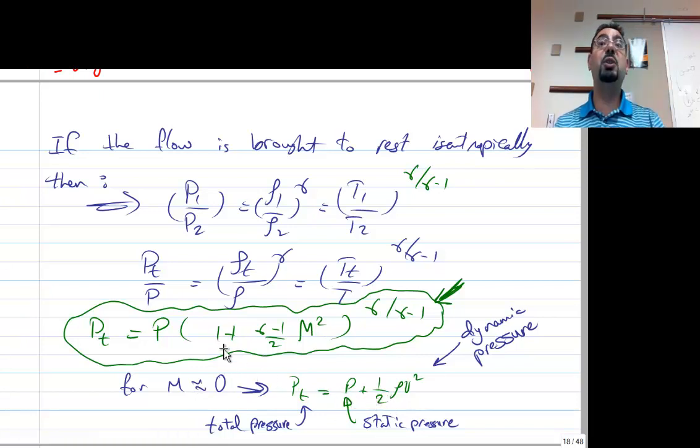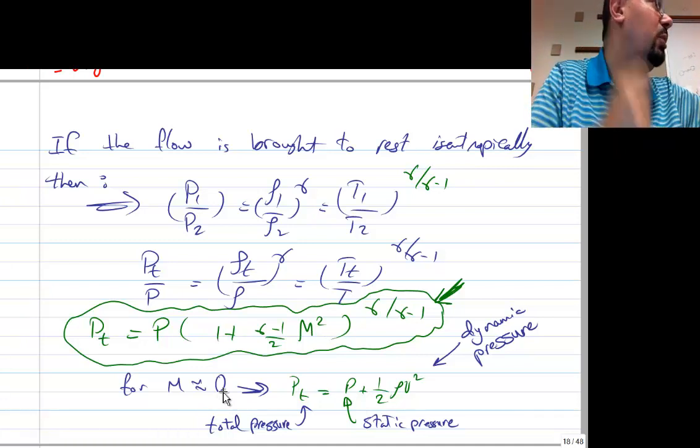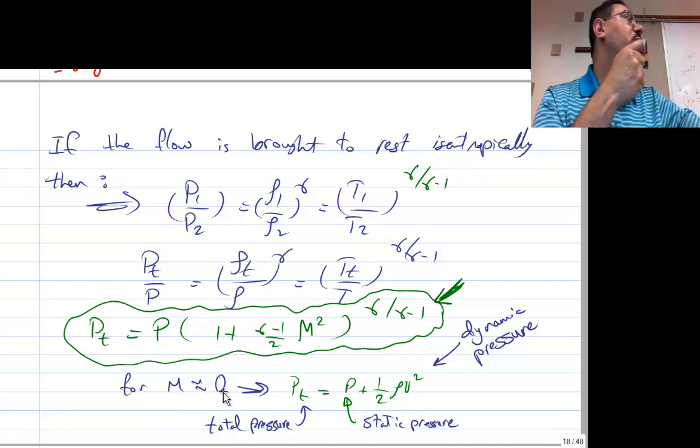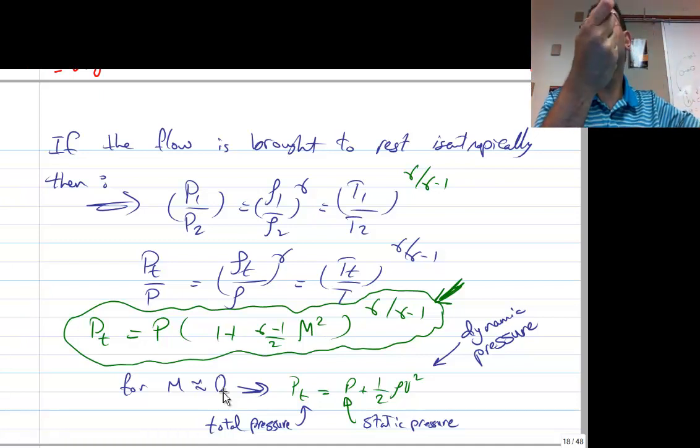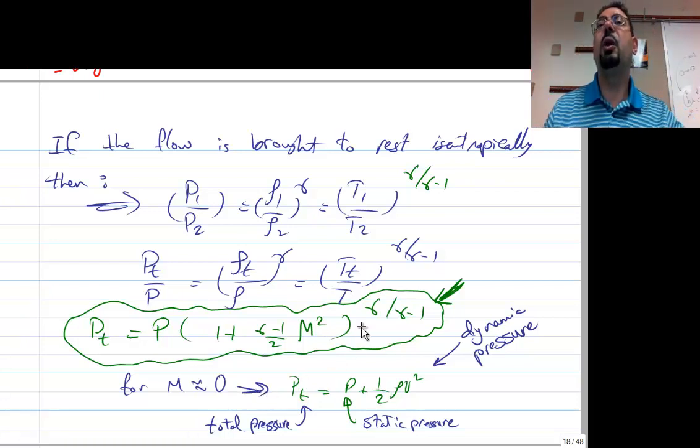So you can prove mathematically that this becomes this when the Mach number becomes 0. Mach number becomes 0 not because V is 0, then there's no problem. Mach number becomes 0 because the a is much, much bigger than the V, to the extent that the Mach number is very, very small. Okay? So how can you prove this?